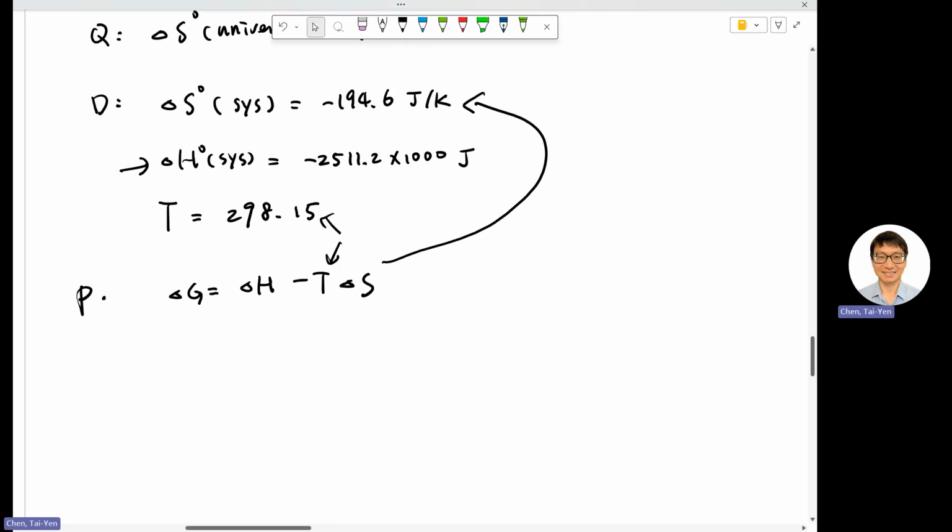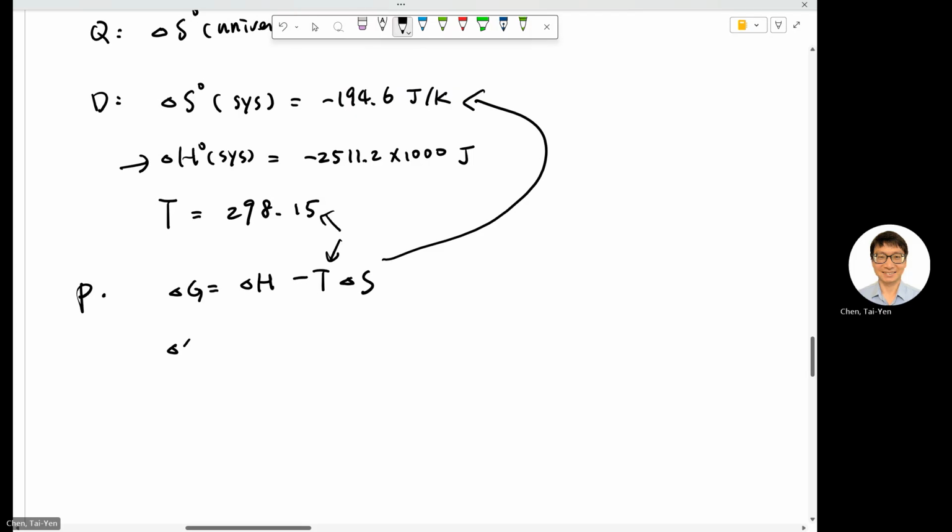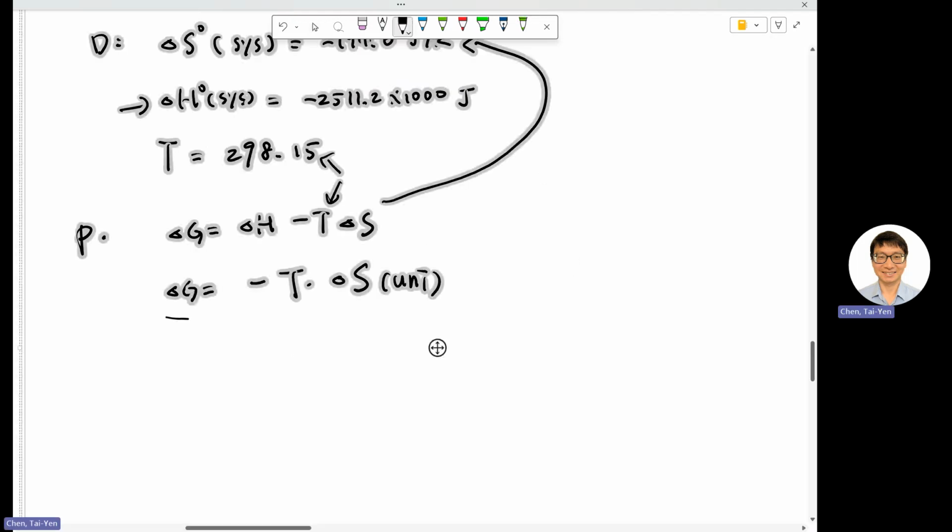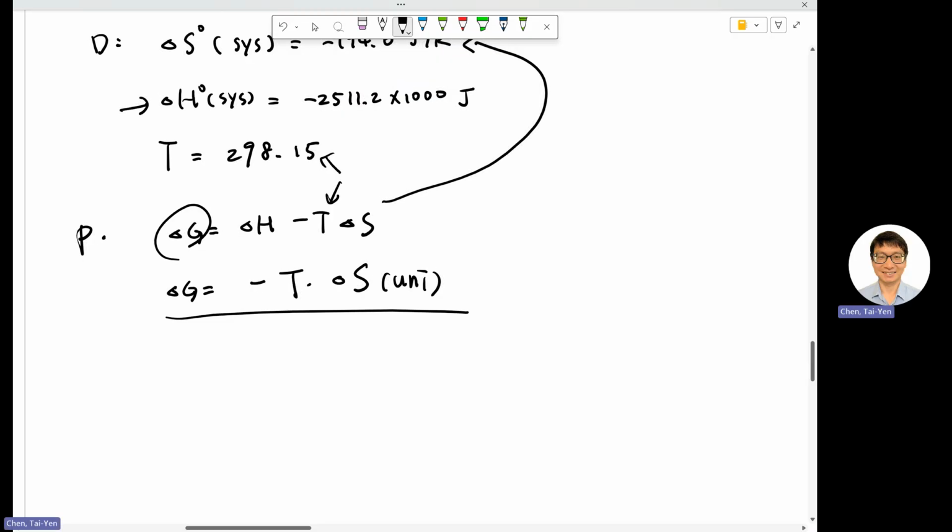And then you also need to know delta G equals negative T times your delta S universe, right? So if you substitute this term, you will be able to calculate your delta S universe. Okay, so that's the basic idea of how you do this calculation.